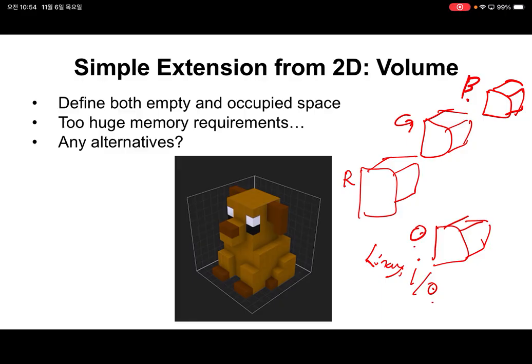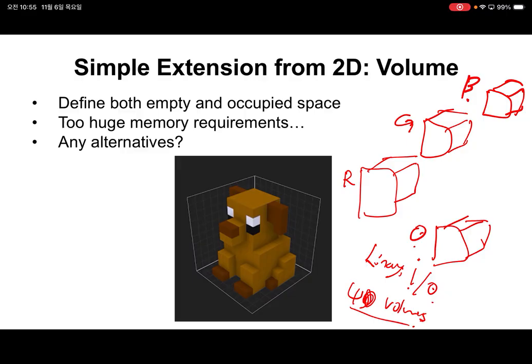If it's occupied, then we can set this occupancy as 1, so that we can make four volumes to define some 3D space. RGB as an intensity, and occupancy as a binary, whether this voxel is occupied or empty, so that we can introduce these four volumes to explain 3D space.